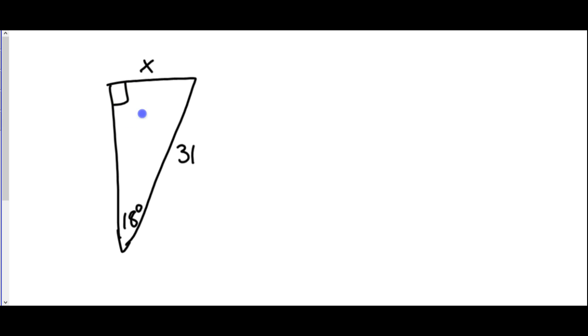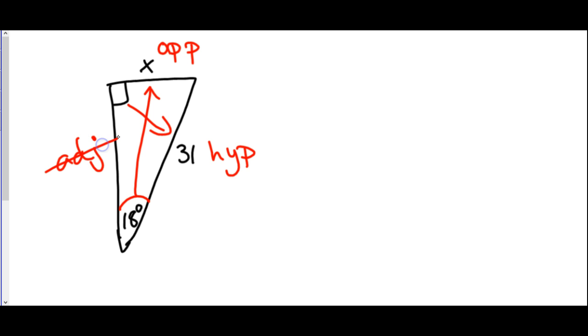I always start with hypotenuse because it's easiest. Across from the right angle. Opposite is across from the angle given. And adjacent is the extra. This time adjacent's not needed because it doesn't have a number or a variable there. So we have opposite and hypotenuse.